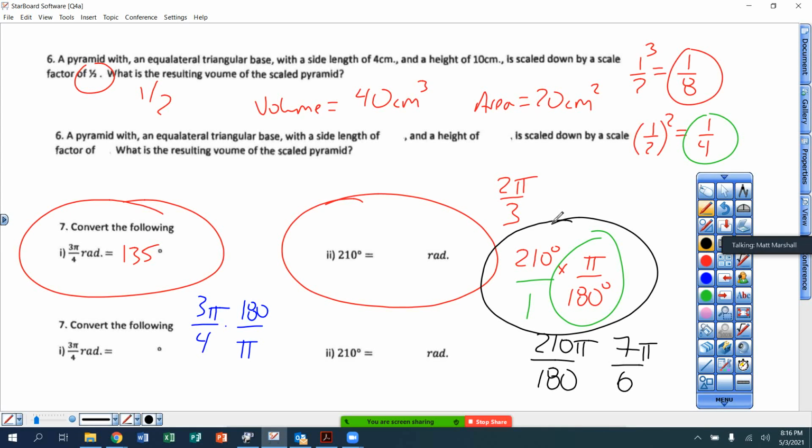Another site I looked at, they got 7 pi over 6 too. So I'm feeling pretty confident about that. Maybe did you get 210 over 180 pi? You did? Oh, you just reduced it wrong. Yeah, you gotta be careful.